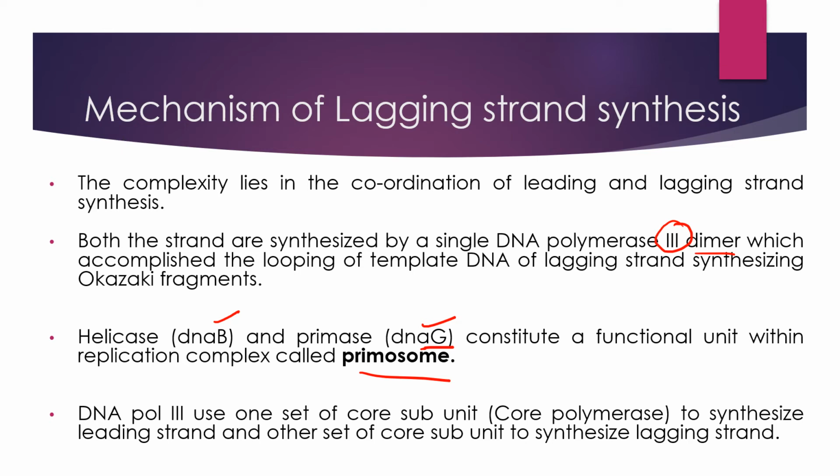So DNA polymerase 3 uses one set of core polymerase to synthesize the leading strand and another set of core subunit to synthesize the lagging strand. So it is a dimer and there are two core subunits. One core subunit is used for the leading strand and another subunit is used for the lagging strand.